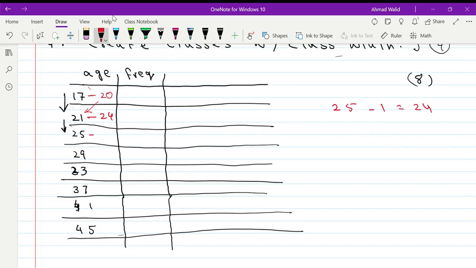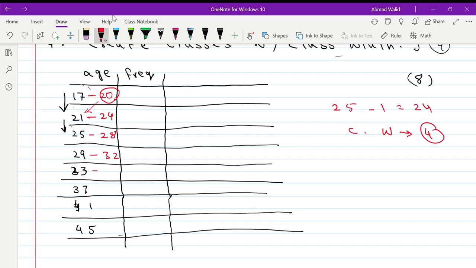This class will be 29 minus 1, which gives you 28. Or another way, your class width was 4, right? When you find the first upper one, which is 20, because your class width is 4, add 4 on this number, and it gives you all the upper classes. 24, 28, next one 32, correct?